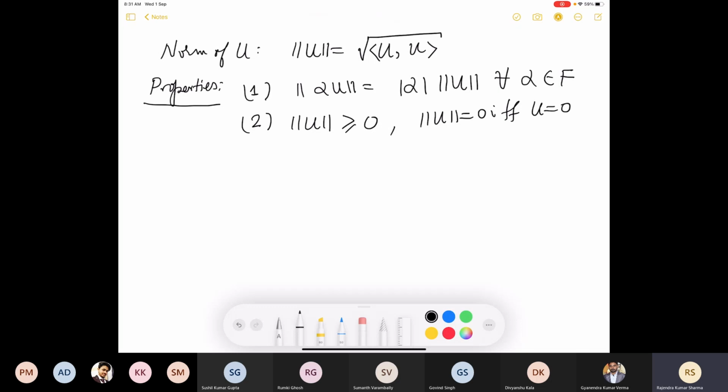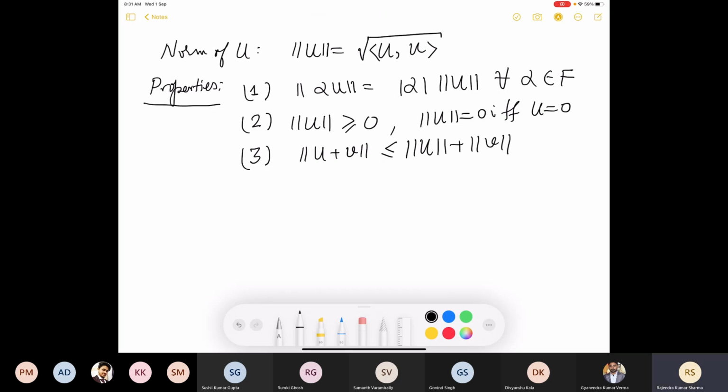And the third thing is the norm of u plus v is less than or equal to norm of u plus norm of v.